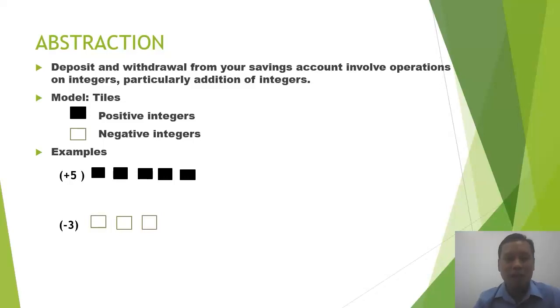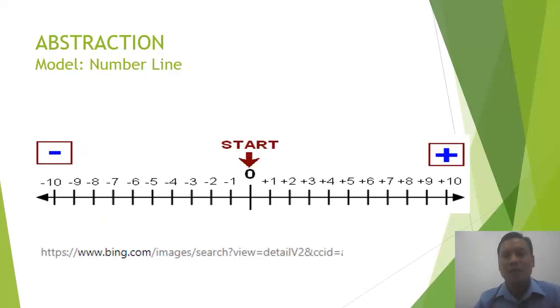Another example, negative 3. So we draw 3 tiles, 1, 2, 3. And we keep it unshaded because that is negative. So unshaded white tile. Okay, let us have an example. Before we have another example, we can also use number line.